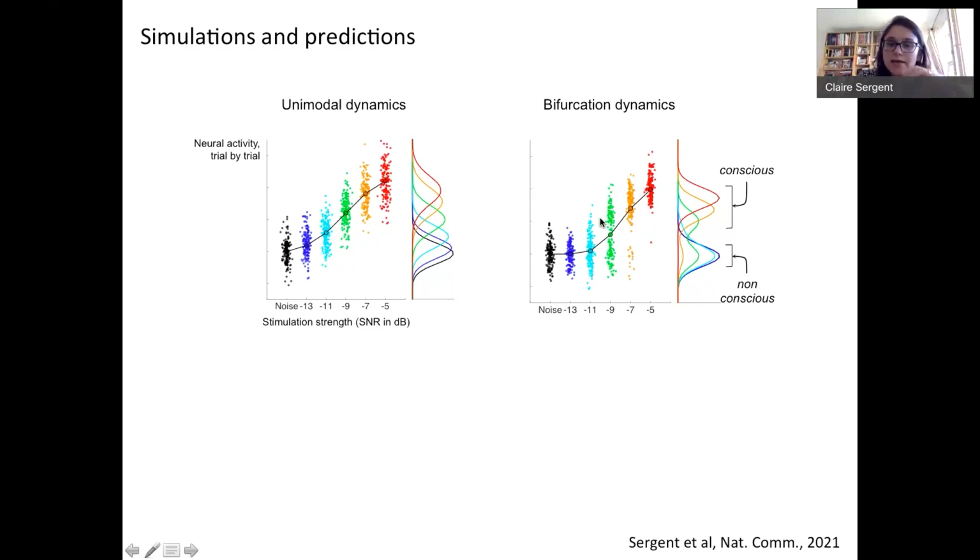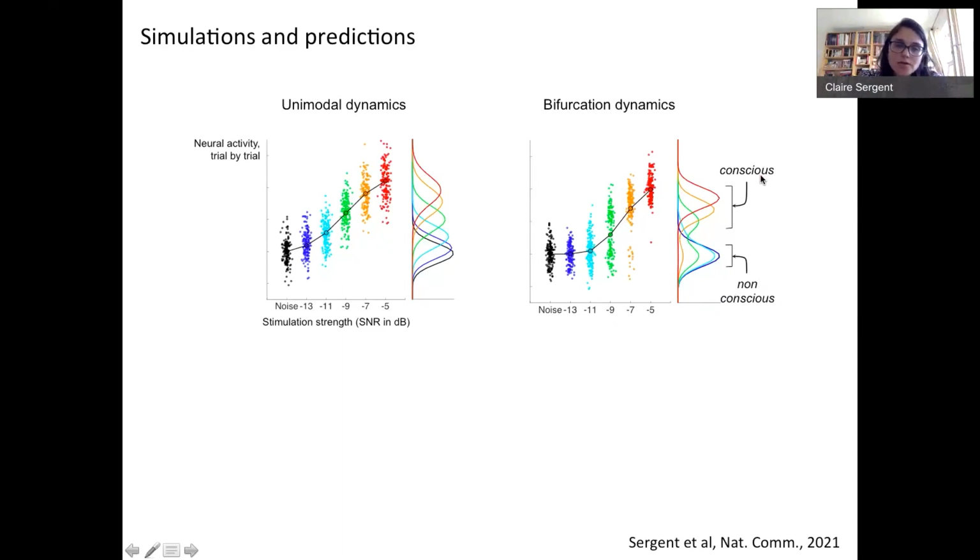And you can imagine that this higher mean will then scale with the strength of the stimulus. In this case, you'll have a bimodal distribution of activations for these levels of stimulation. And the idea is that these two levels might correspond to non-conscious versus conscious processing.